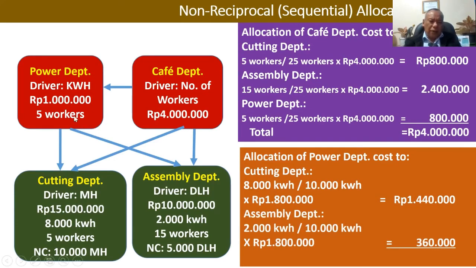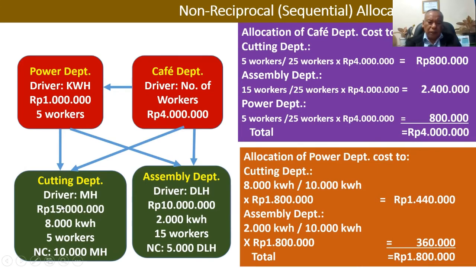Next, we allocate the power department cost to assembly department. Assembly consumes 2,000 kilowatt hours divided by the total 10,000 kilowatt hours times 1,800,000, so we find 360,000. In total, it must equal 1,800,000.